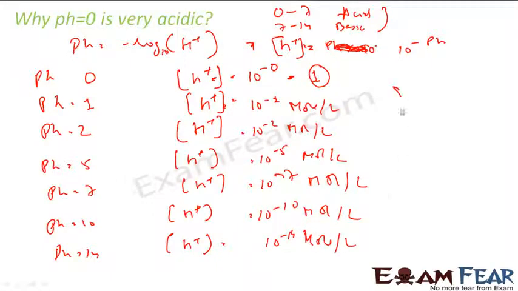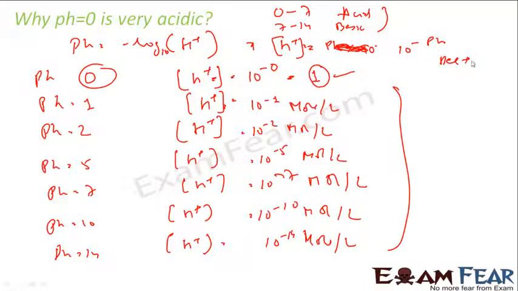So in this case, the hydrogen ion concentration was more when pH was 0, that is almost 1. For every mole of HCl, for example, it breaks completely into H plus and Cl minus. In that case, if you keep 1 mole here, you get almost 1 mole of H plus ion. It's a very strong acid.